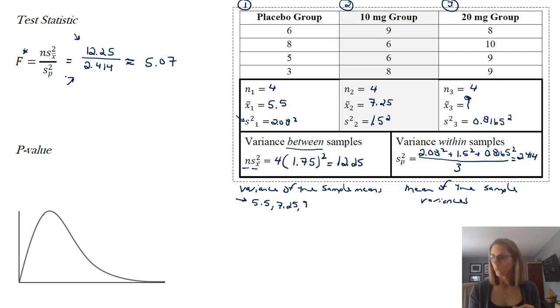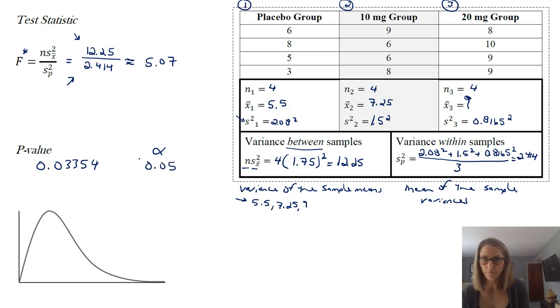So what we'll do now is find our p-value. The p-value that you should see in the calculator is pretty small, 0.3354. Our alpha, given to us as part of the problem, is 0.05, and we can see that our p-value is less.